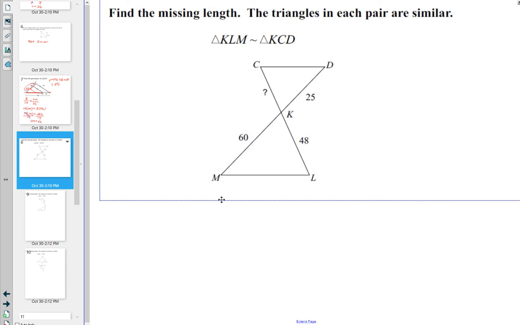Find the missing length. The triangles are similar. So you just gotta figure out corresponding measurements.